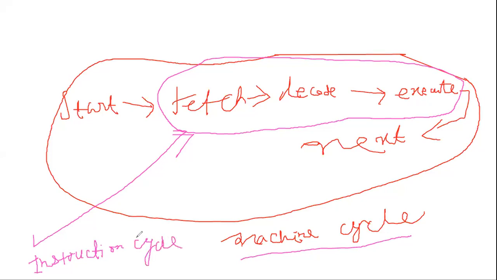So the instruction cycle consists of fetching the instruction, decoding the instruction, and execution of the instruction. These constitute the instruction cycle. And adding these two parts, starting with the next, that's called the machine cycle. So to execute, we need the T0, T1, T2, T3 timing sequence.